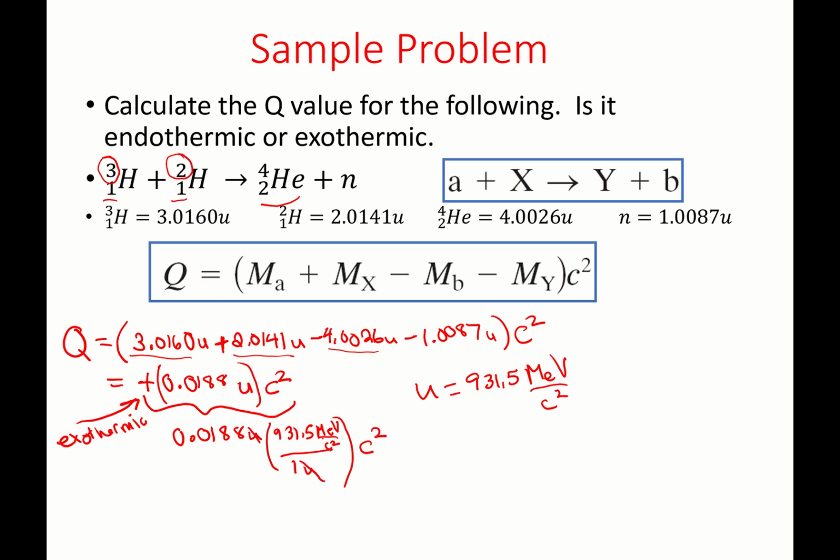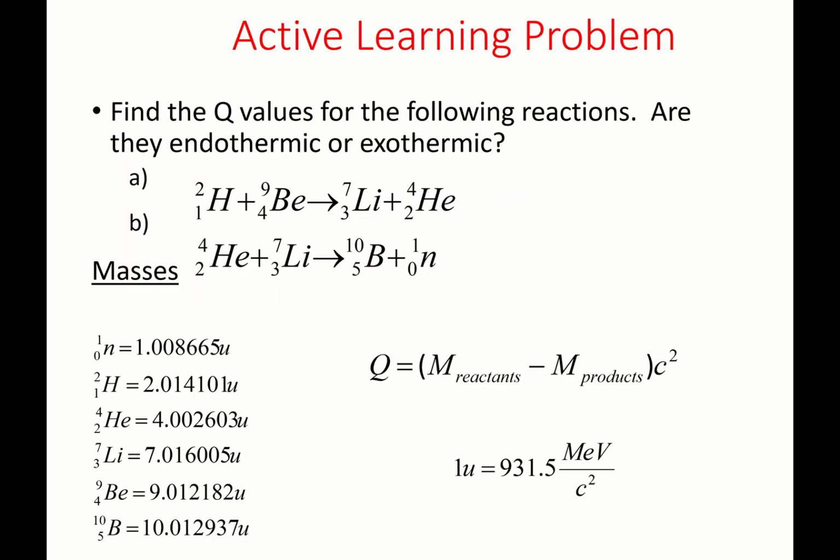So my U's cancel out, the c squareds cancel out, and I'm left with just units of mega electron volts. I get 17.5 MeV. So just remember, all you do for calculating the Q values is you take your mass difference, multiply that mass difference in U times 931.5, and that will give you the energy in MeV. So this is an exothermic reaction.